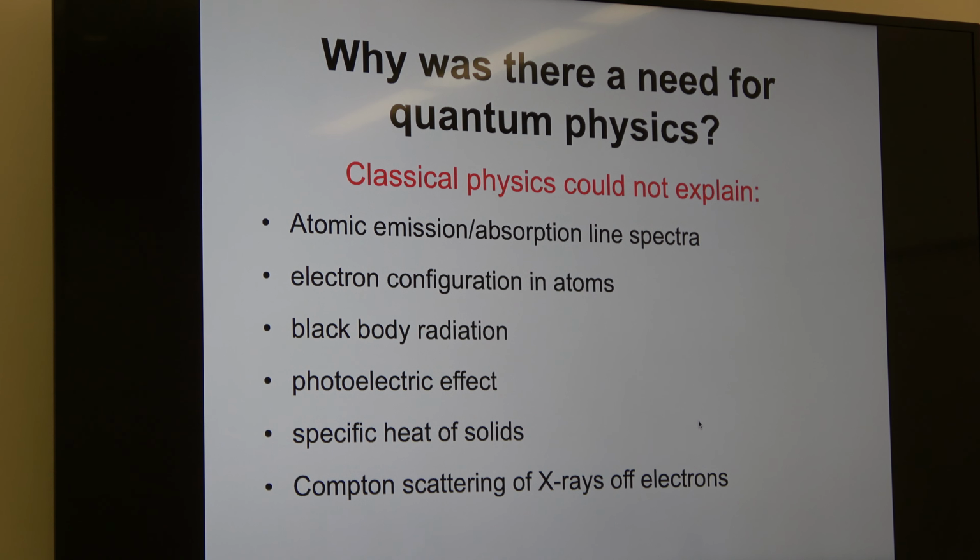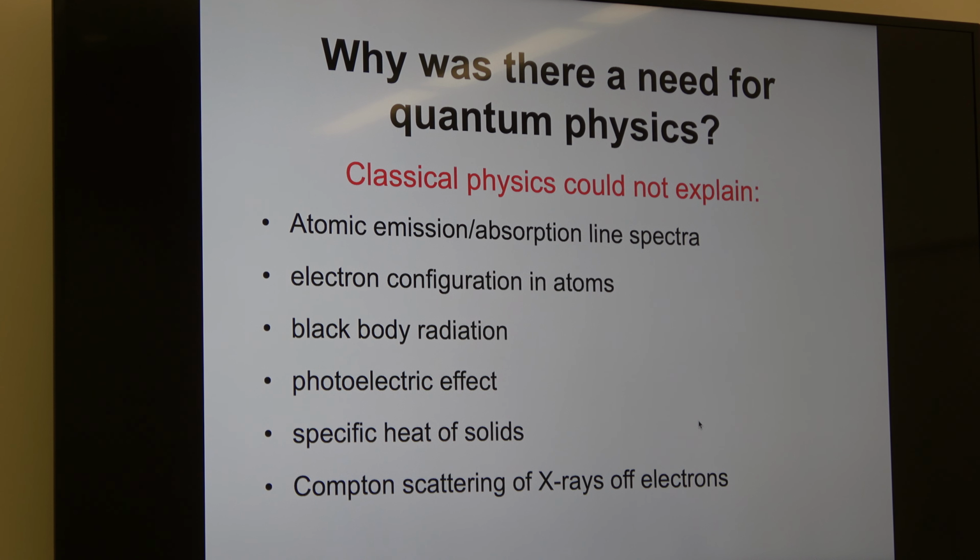Classical statistical mechanics did not work in this case. And Max Planck came in and postulated that actually it's not a continuum of energies, it's quantized, so integer values of the energy packets, 1, 2, 3, 4, 5, not 1.3, 1.4, no, cannot be like that.